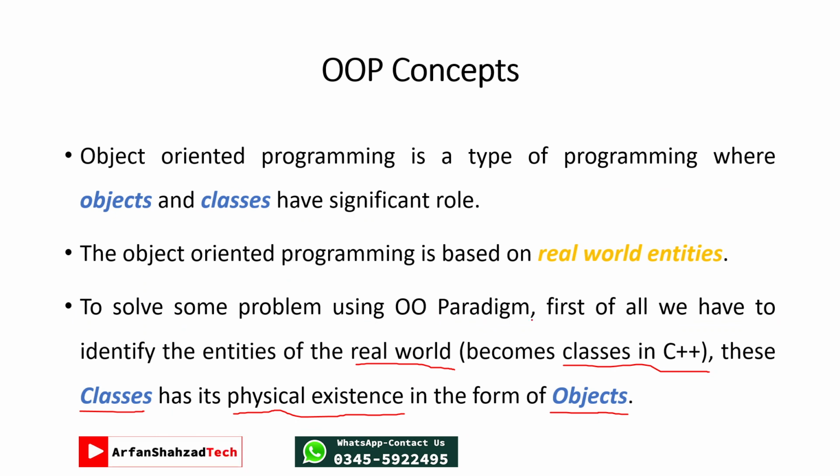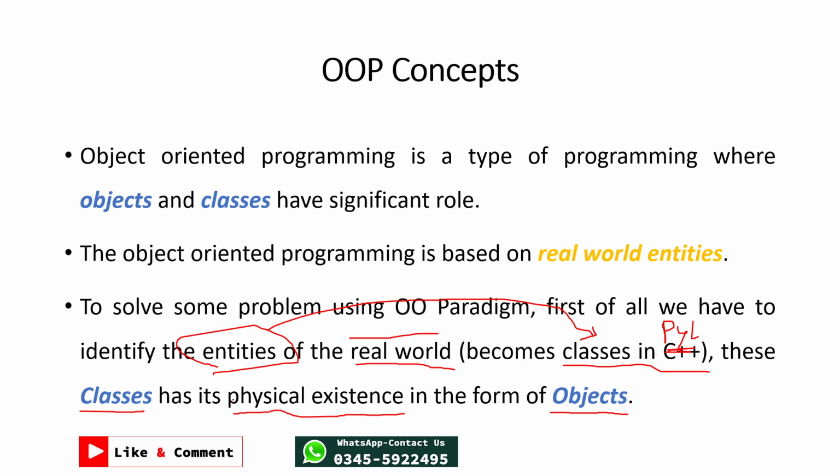First of all, we have to identify the entities of the real world. Then these entities will become classes in any object-oriented programming language. In our case, we are following Python, so these entities will become a class in Python.